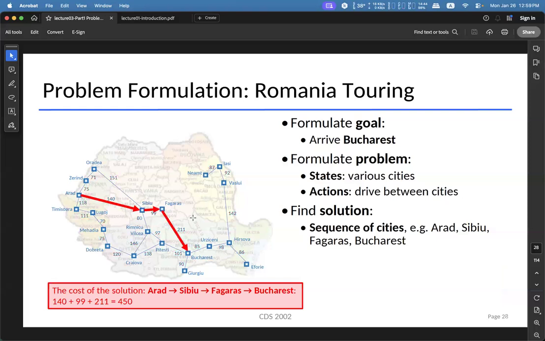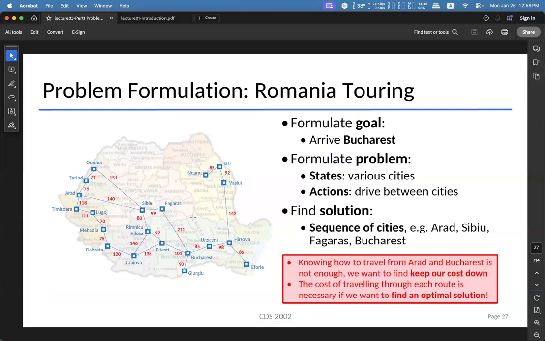The cost of the solution is essentially just adding up the figures above the edges of the network. Essentially, we can put the cost of going through one transition in the network. In this graph, all the edges represent the transition from one state to another state.